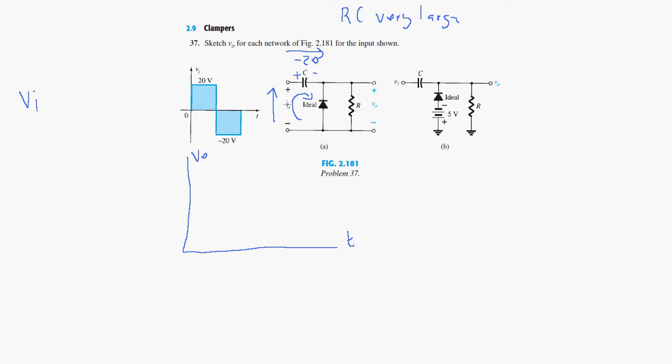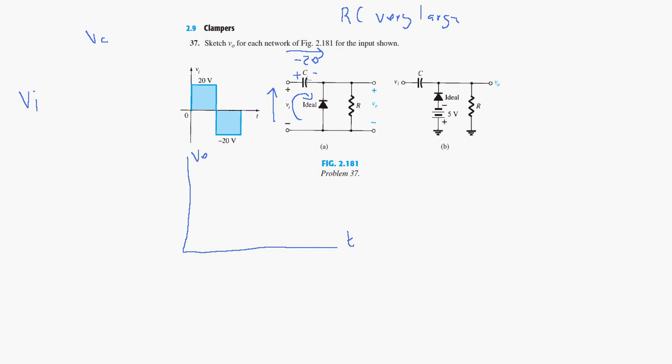When you have a voltage source here and another voltage with its plus side matching the plus side of your voltage source, you take this voltage and subtract this voltage to get the final voltage at this point. Because this voltage is negative, we have VI minus VC, where VC is the voltage across the capacitor.